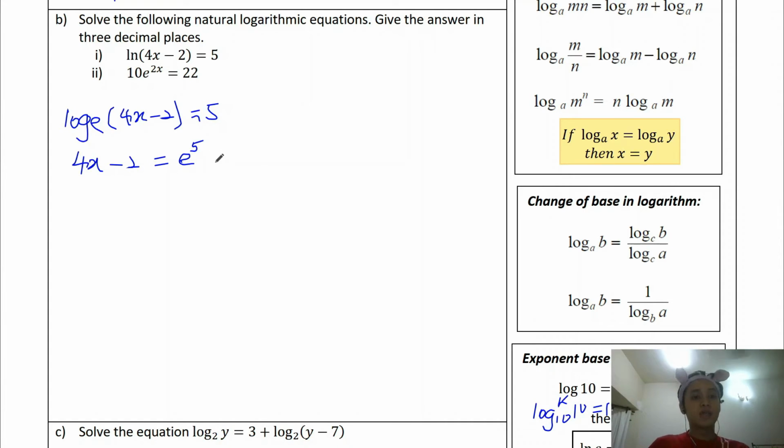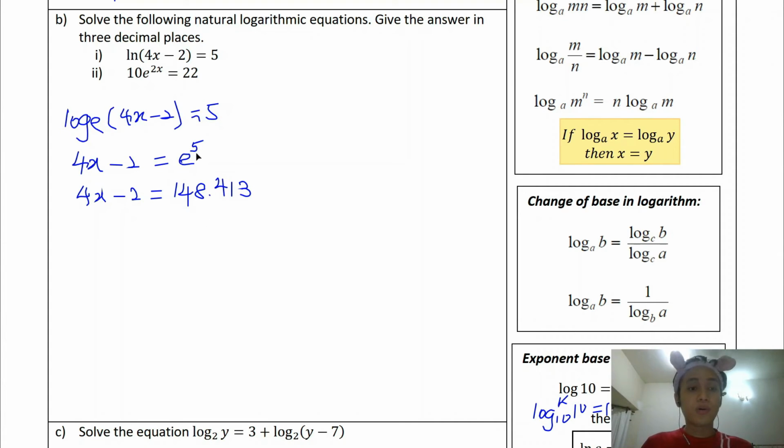Now this one no choice, you need to use your calculator to calculate. So you find the alphabet e, e to the power of 5, and then you will get your value. So this is 4x minus 2 equals to 148.413.